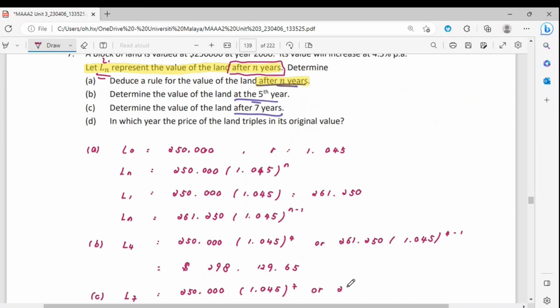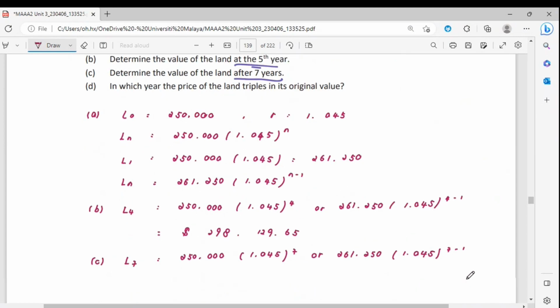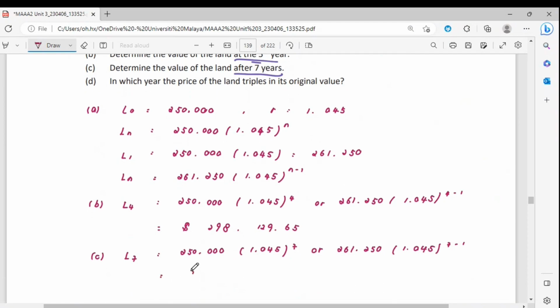Or if you are using the other formula, also no problem. You try to substitute 7 as well, so 7 minus 1. And from here, you should be able to get the exact same value, which is 340,215.46. Okay, so this is what you have here for your part C.